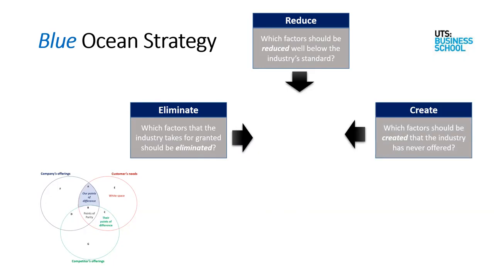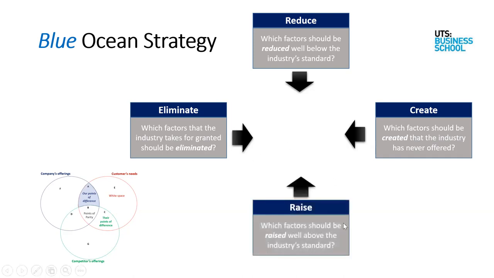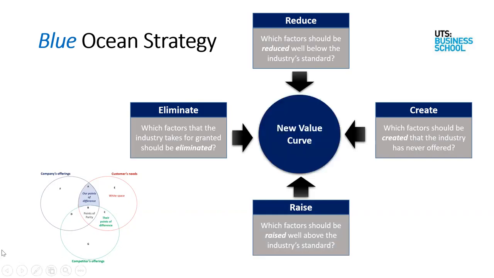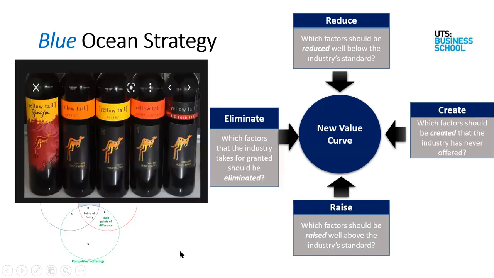What can you highlight, or what is that differentiating point of difference that you can emphasize? And finally, what are the factors that should be raised well above the industry standard, which you can use to emphasize to the consumers how you are different? All of these steps, that is elimination, reduction, creation, and raising the standards, help you to reposition the product by creating value. That is called the new value curve.